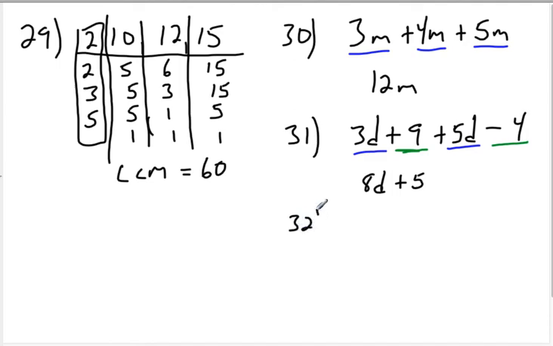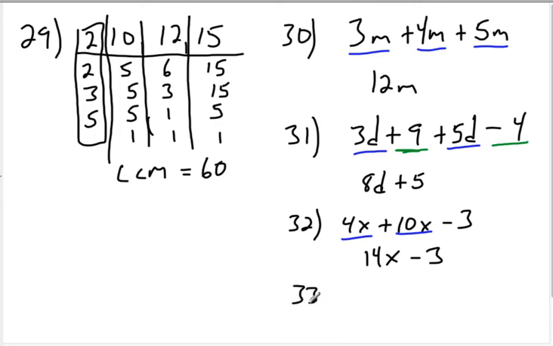Number 32, we have 4x plus 10x minus 3. So the 4 and the 10 both have an x with them, so they can combine to become 14x. The minus 3 does not, and so we can't go any farther than that. Alright, I think we have room for one more here.